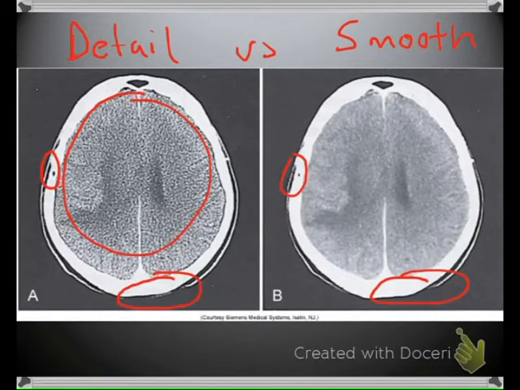As you can see though, the smoothing tends to make the brain look more like a brain than an enhanced mess like the detail does. However, many people and many scanners usually go with the standard algorithm, which provides the best of both worlds and really employs it for usage on things like this.